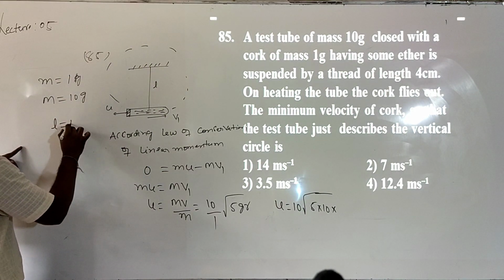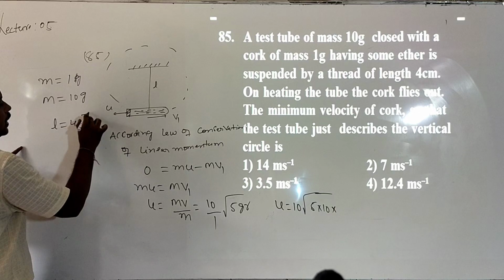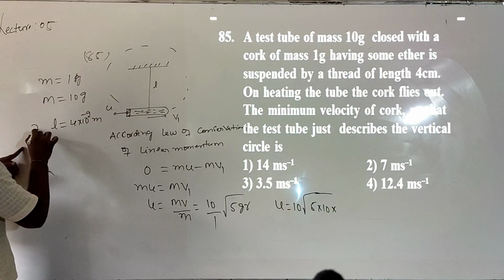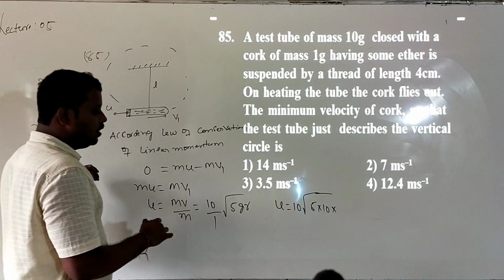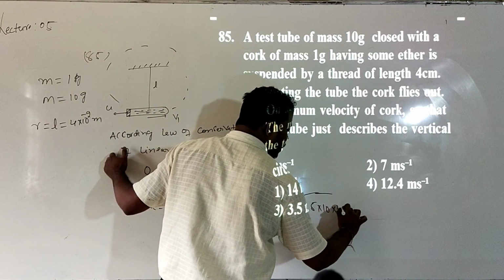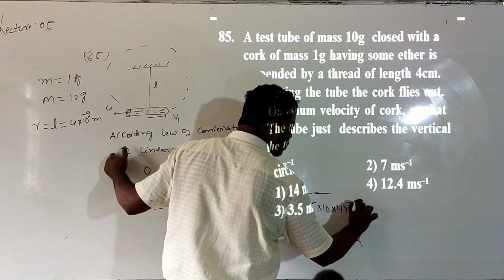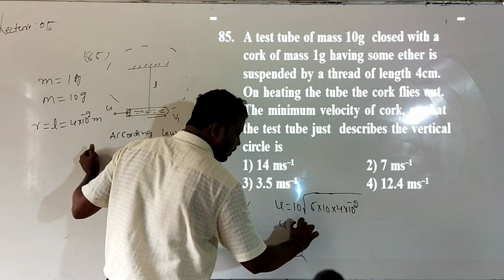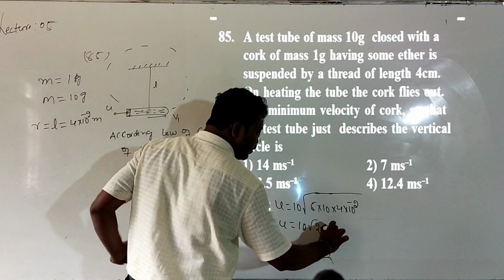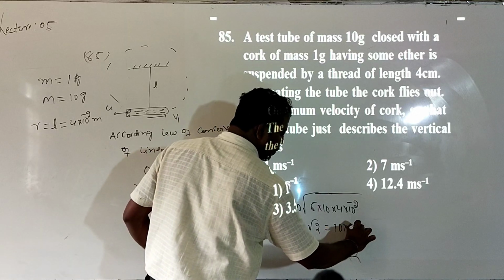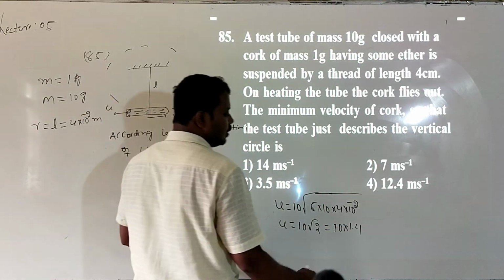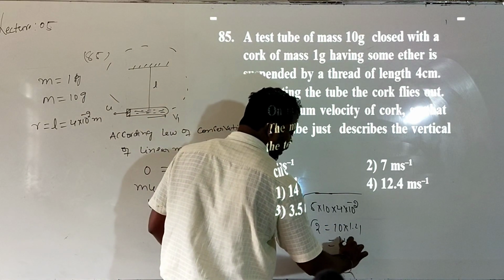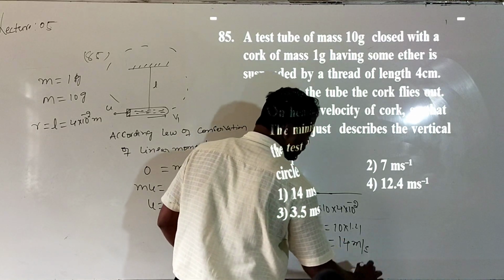L is 4 centimeters, which is 4 into 10 to the power of minus 2 meters, so r is equal to L. Then u is equal to 10 into root of 10 into 1.414 into 4 into 10 to the power of minus 2, which is 1.4 meters per second.